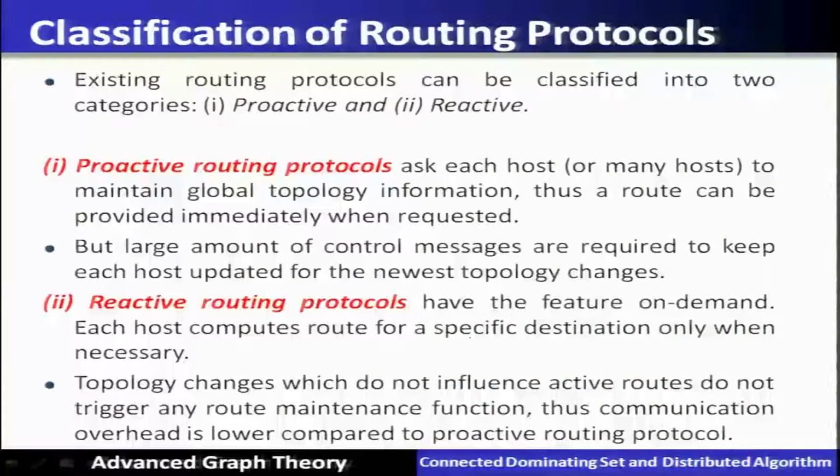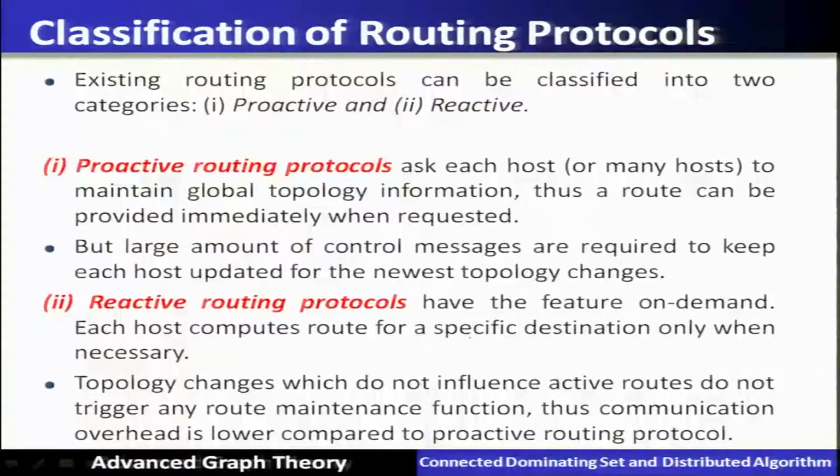The classification of routing protocols we can do in two categories: proactive and reactive routing protocols. Proactive routing protocols ask each host or many hosts to maintain global topology information. Thus a route can be provided immediately whenever it is required, but a large amount of control messages are required to keep each host updated for the newest topology changes in proactive routing protocols.